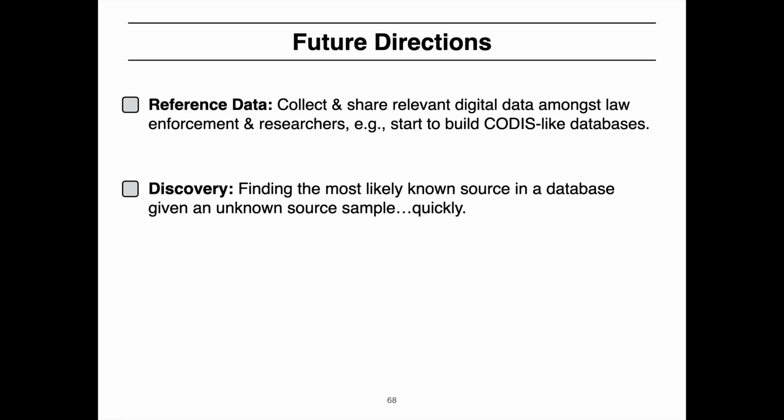Second, given that we have some database, using a method like this for discovery is a very interesting application. Say law enforcement has some sample and they're unsure who the suspect could be. They could upload that sample to some service that would then return the top 10 most likely suspects as far as matching on the geolocation methods that we talked about, and doing this very quickly to aid in investigations.